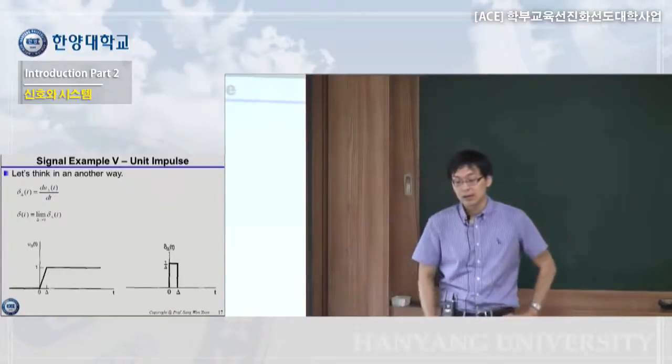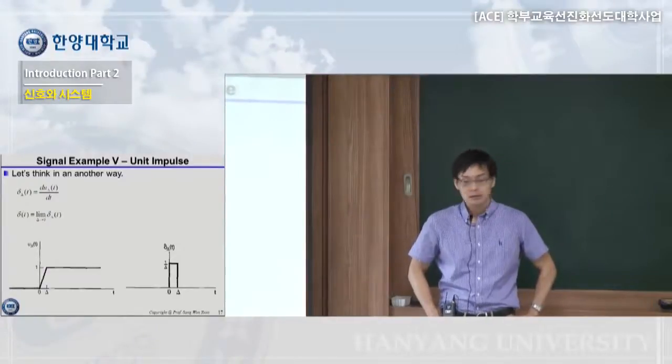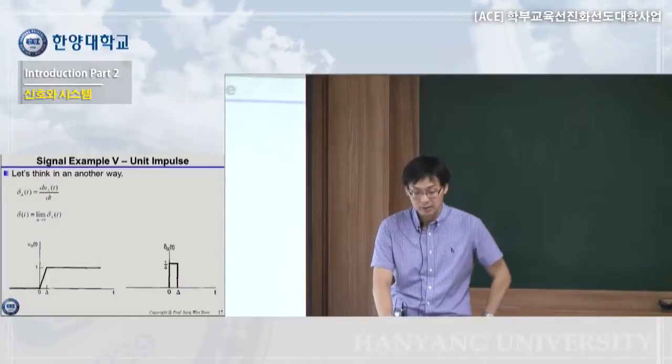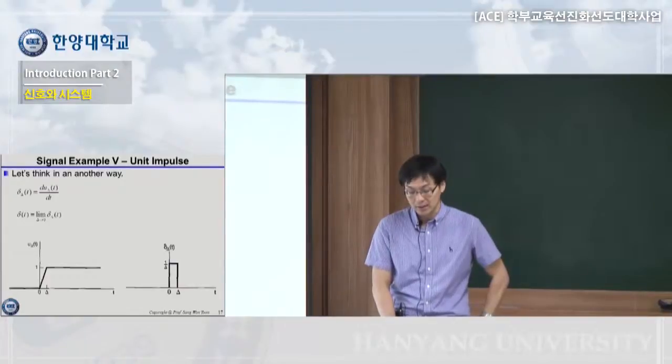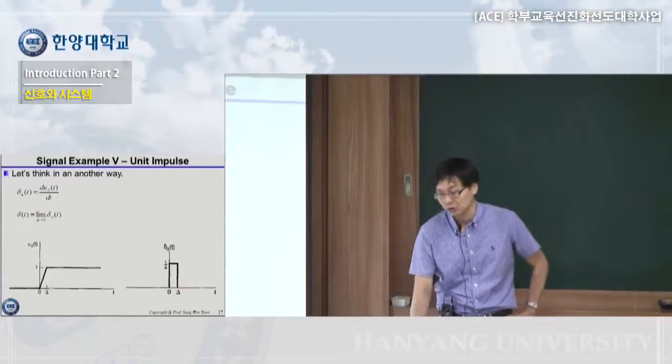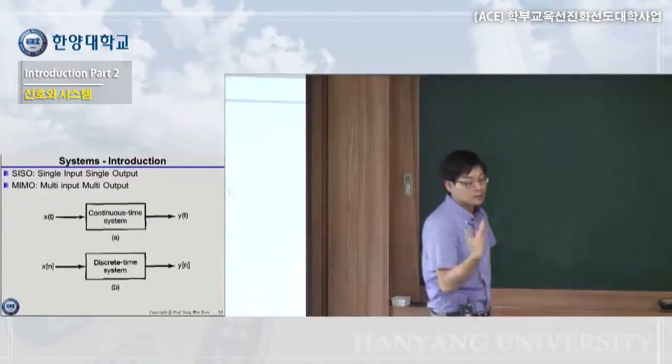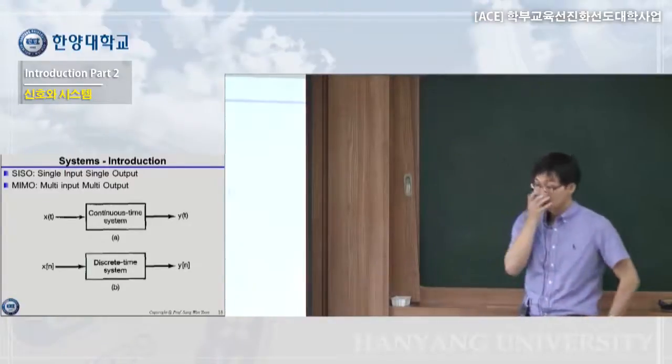Because it's hard to define the derivation, it's like mathematically not right, so we define it in the way that we have a very small value delta and make delta go to 0 to define the delta function. So today we start system.